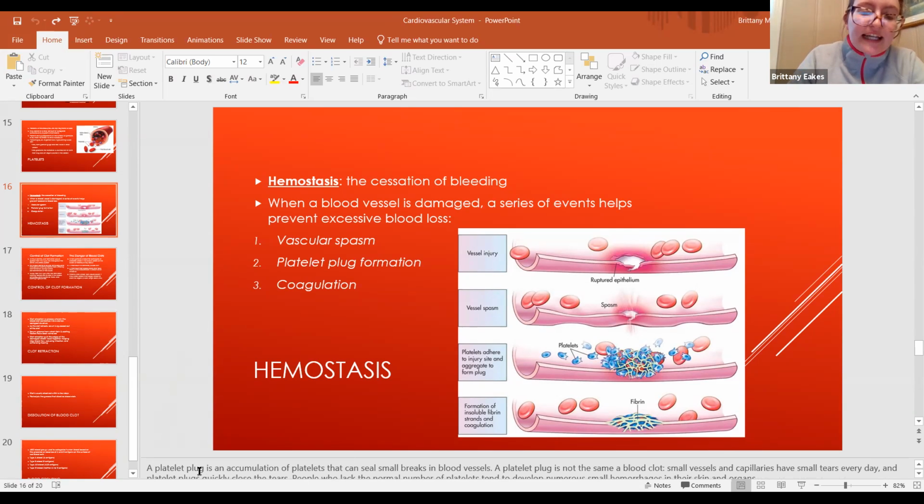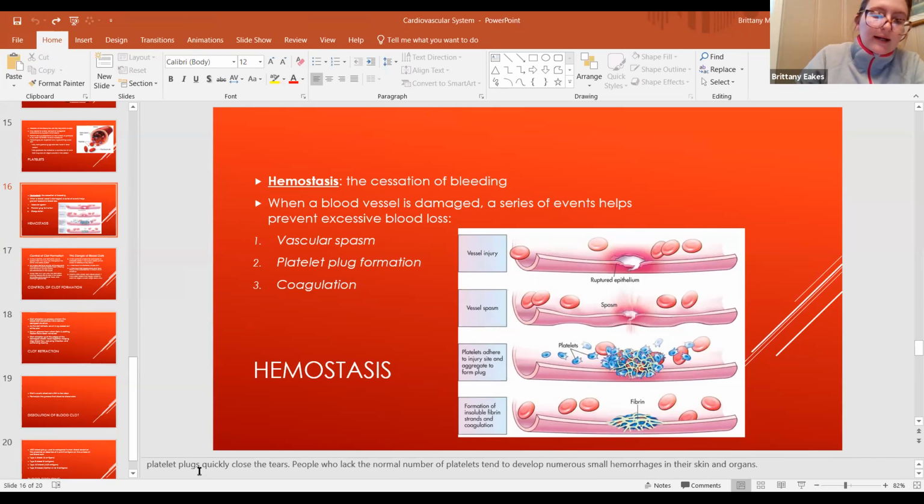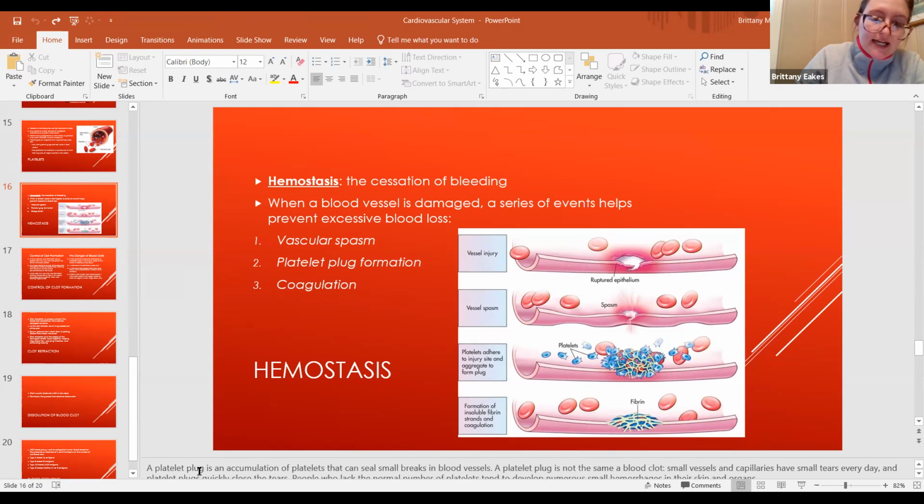A platelet plug is where platelets congregate together and they seal small breaks in the blood vessels. It's not the same as a blood clot. Small vessels and capillaries have small tears every day. We don't know about it. And then a platelet plug quickly closes that tear.